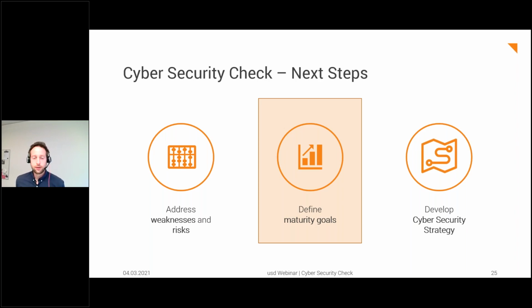This is something we could do for all the domains, and then basically set up an action plan for how we can hit these maturity goals. And maybe in the future, we are also measuring these again. So we do a retest once a year to see if you actually improved on the maturity, if you hit your goals.